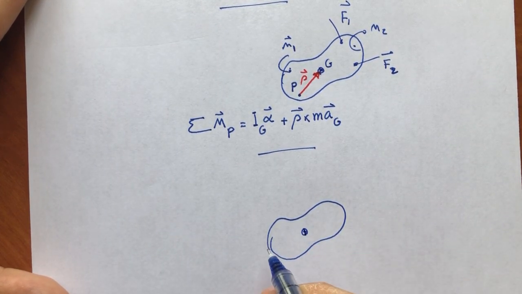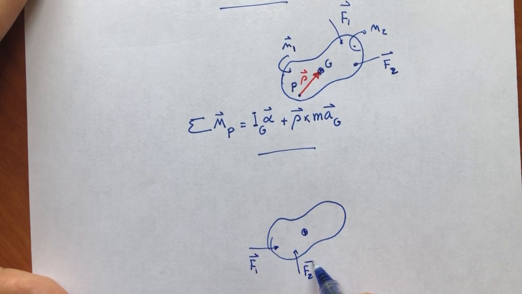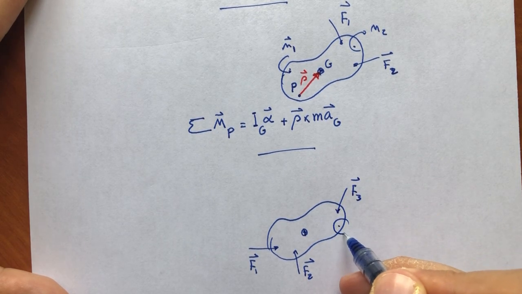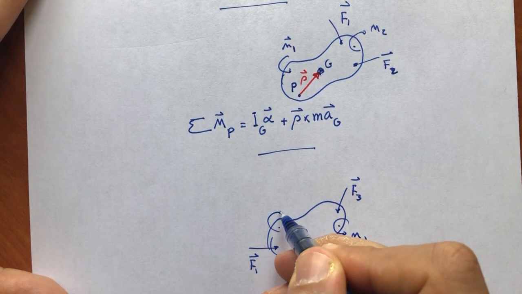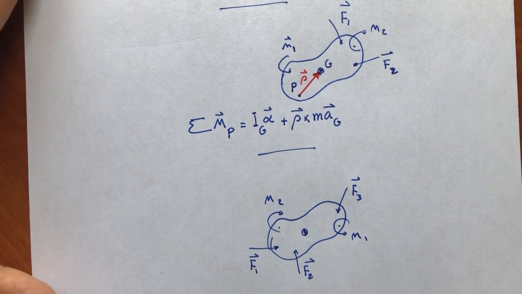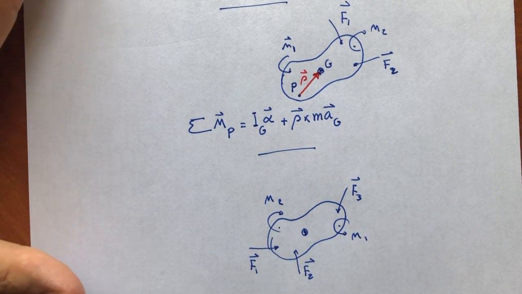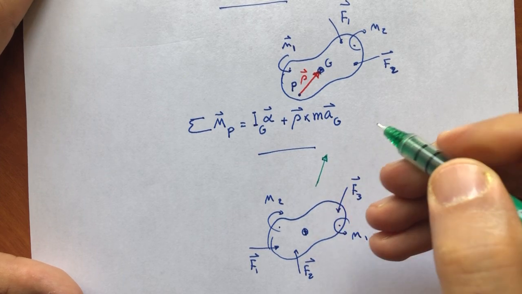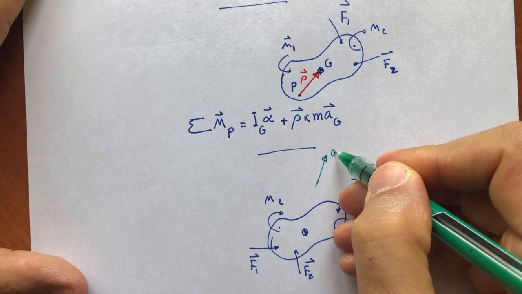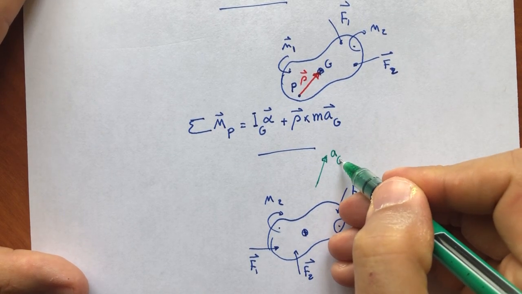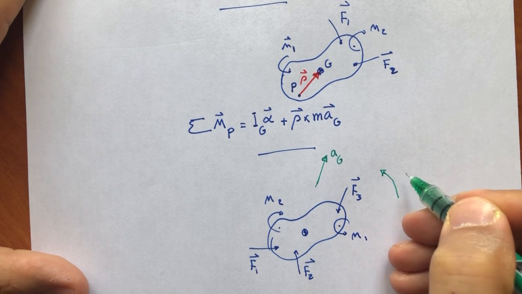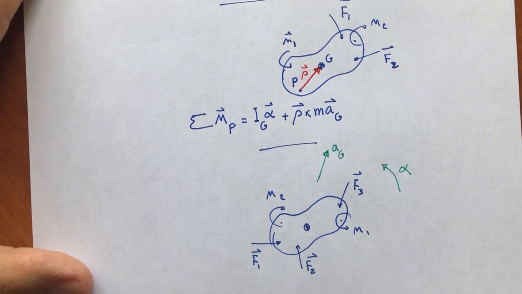Again, let's say we have a rigid body with some forces and moments on it. And this rigid body is moving at this moment, for example, in this direction with acceleration of A. And also it is rotating with angular acceleration of alpha.